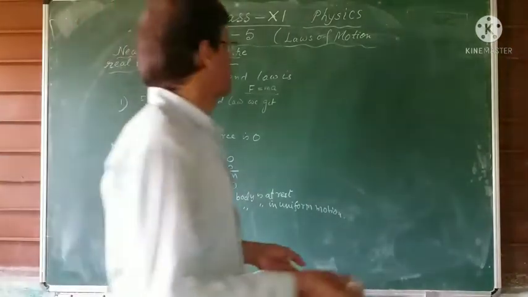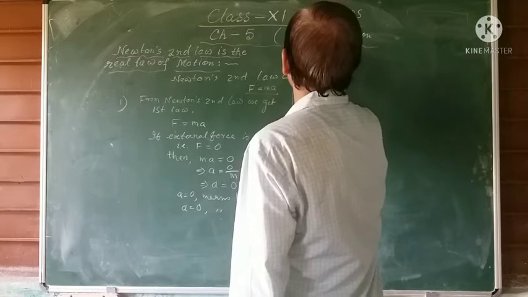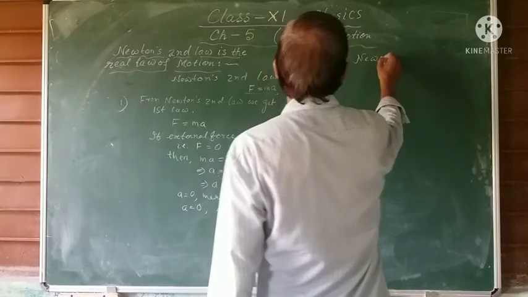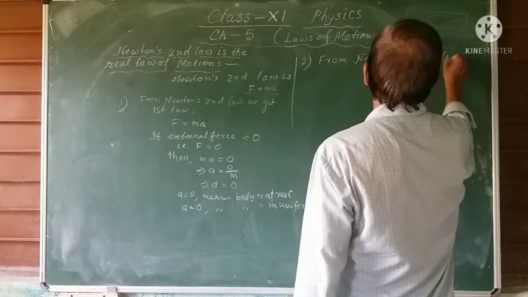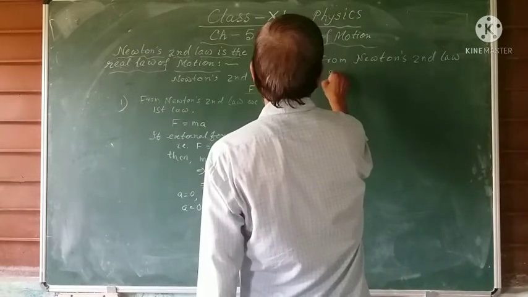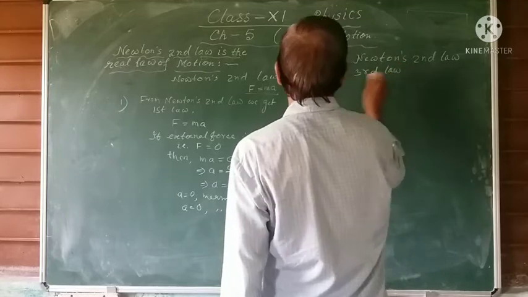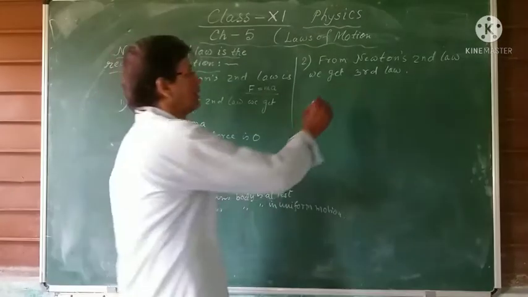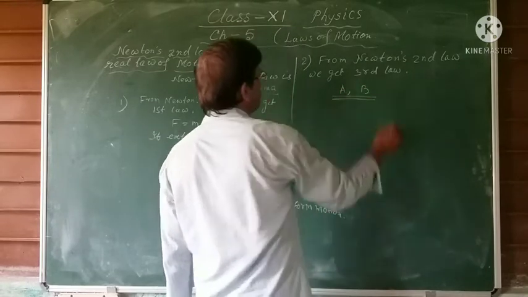Now we will discuss how from the second law we will get the third law. We consider a system consisting of two bodies, A and B, where no external force is applied.